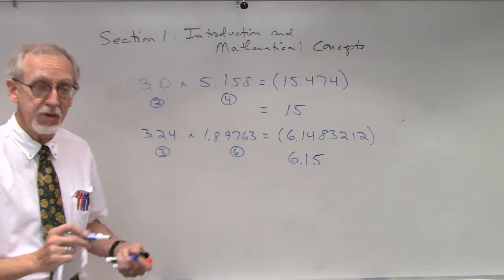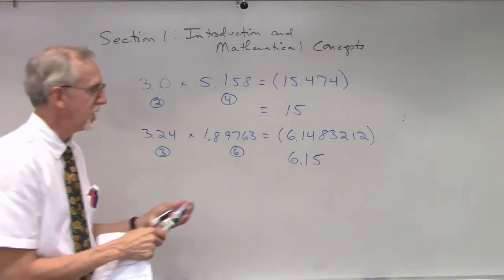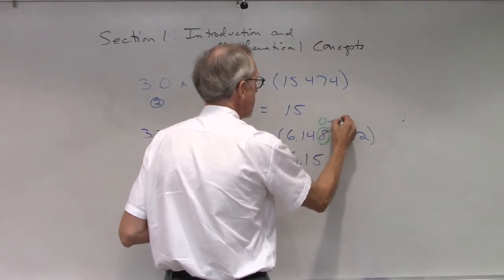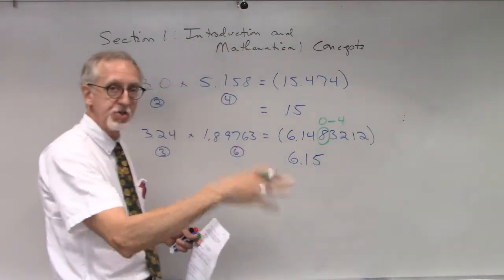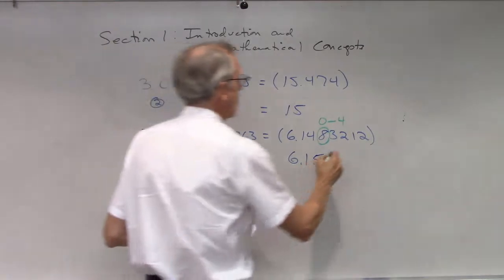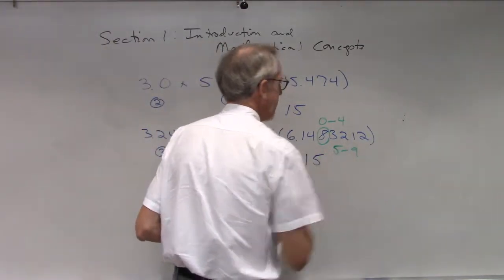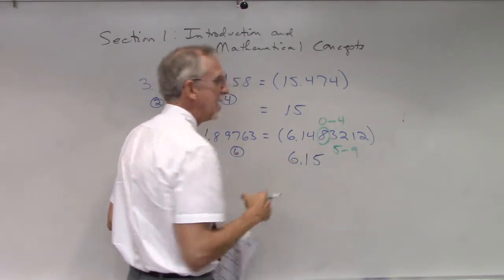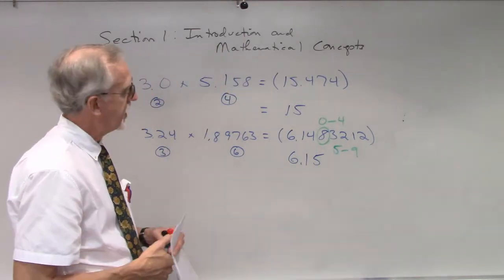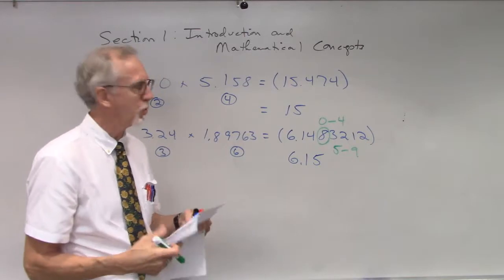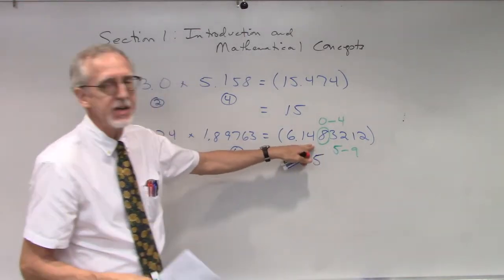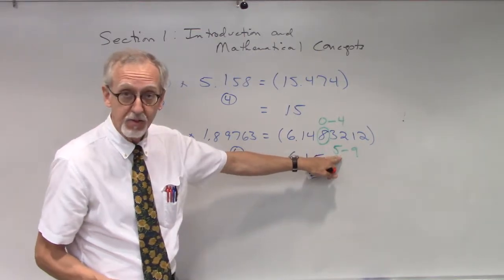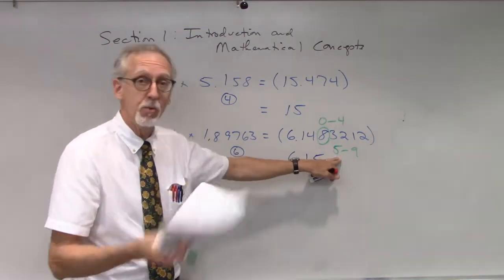When you're rounding, the rule that we'll use is if the next digit is a 0 to 4, we'll just drop it and round down. If it's a 5 to 9, we'll round up. Sometimes some people will use a rule that they'll always make this digit even or always make it odd if this is a 5, so that a 5 will either round up or round down.